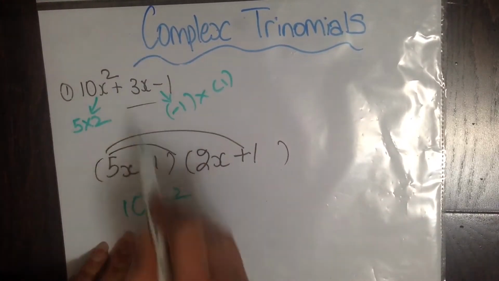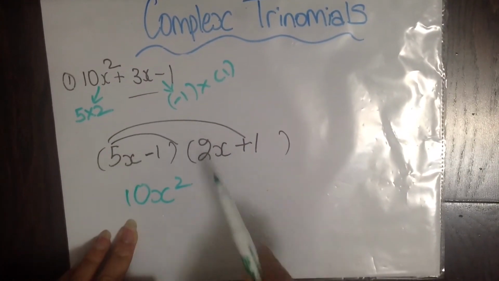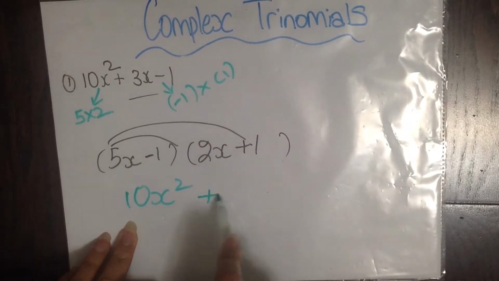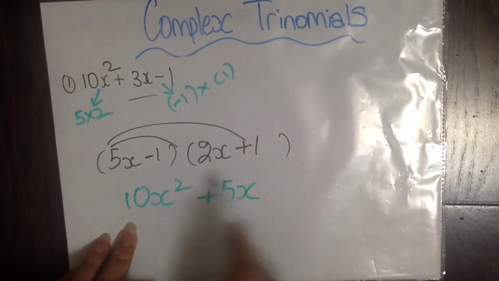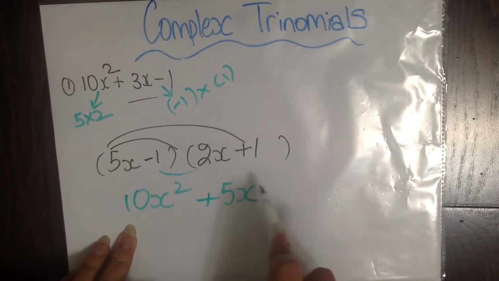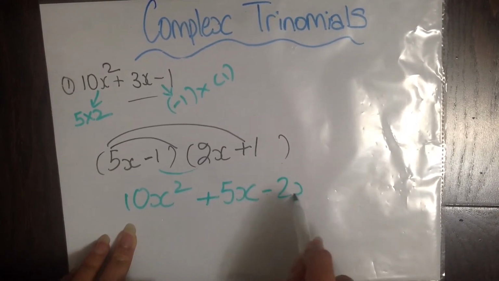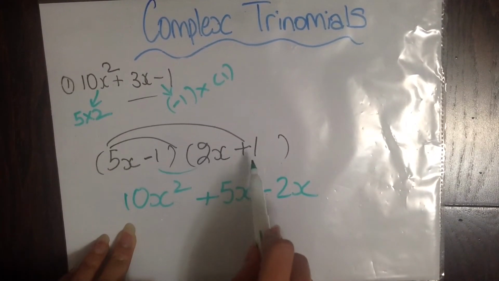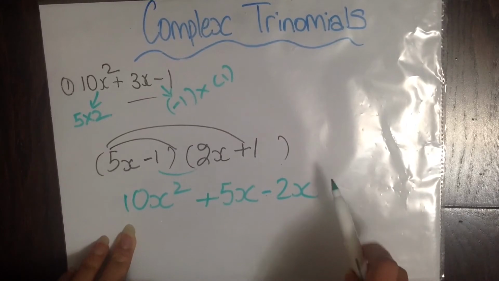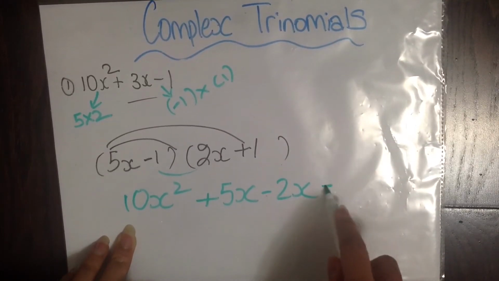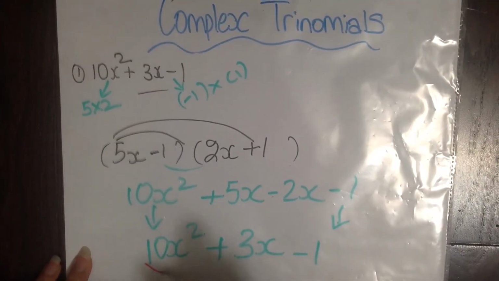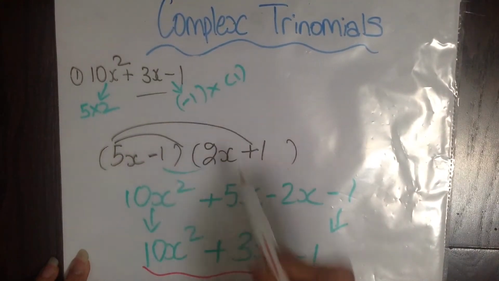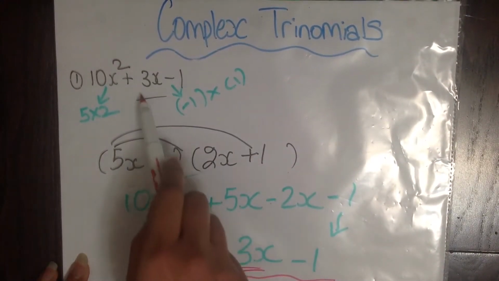And then when you multiply 5x plus 1, you will get a +5x. And once you multiply -1 by 2x, you would get a -2x. And then you would get a -1. So these two equations are the same, so we know that we got the correct answer.